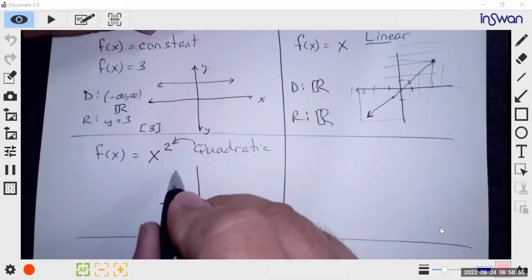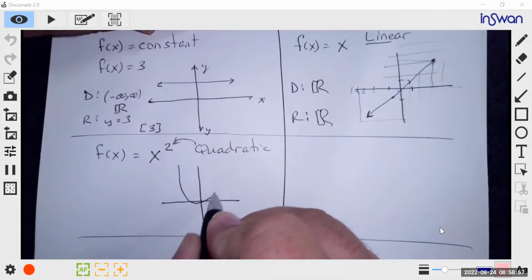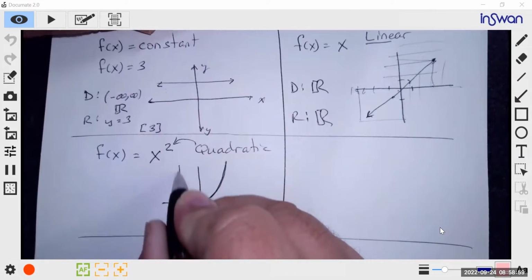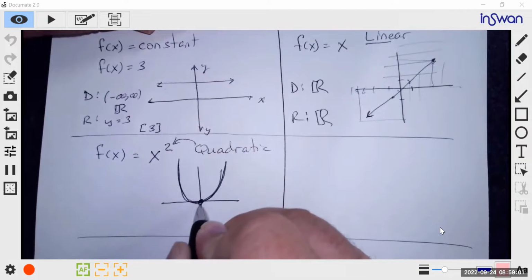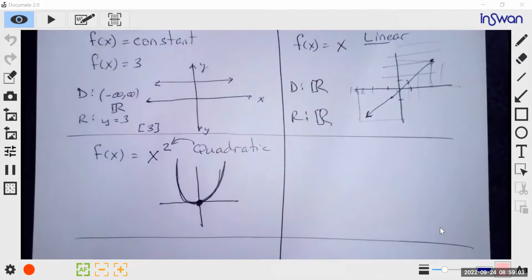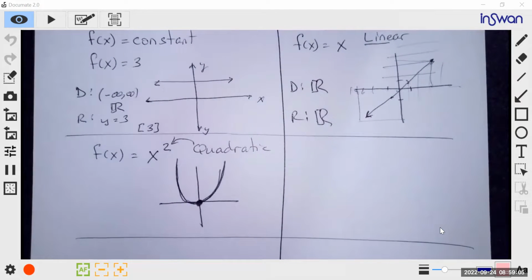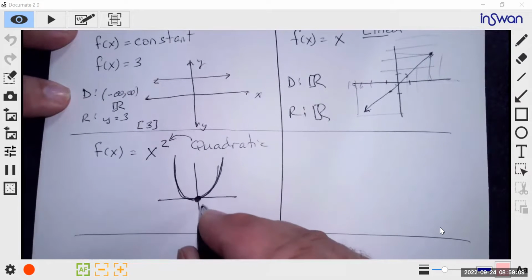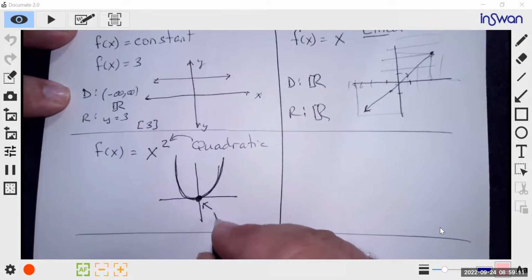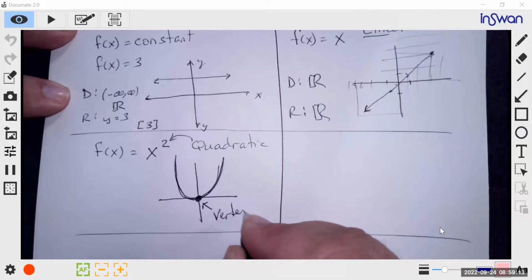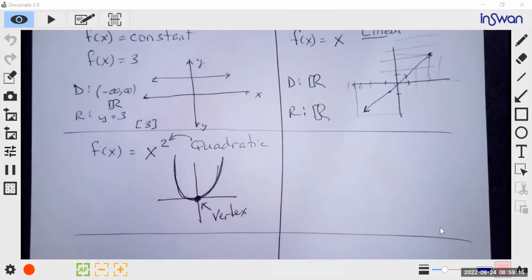The graph of a quadratic equation is the U. It only touches the x-axis at 0. It's called the vertex. The lowest point is called the vertex.